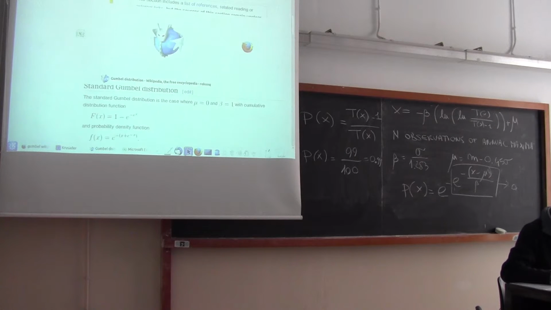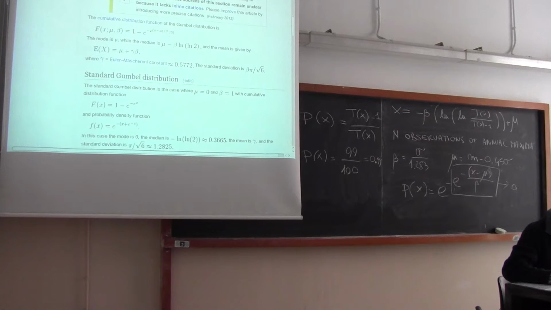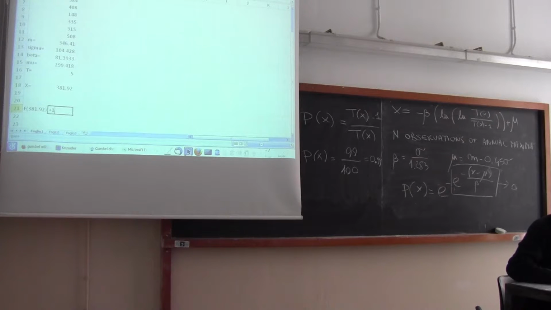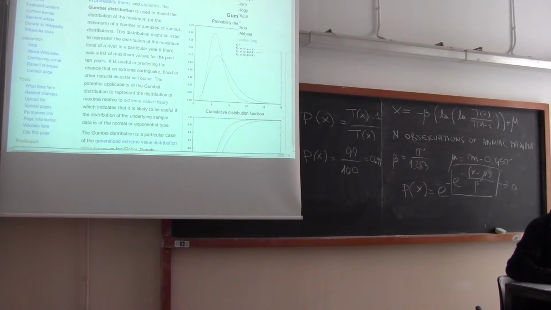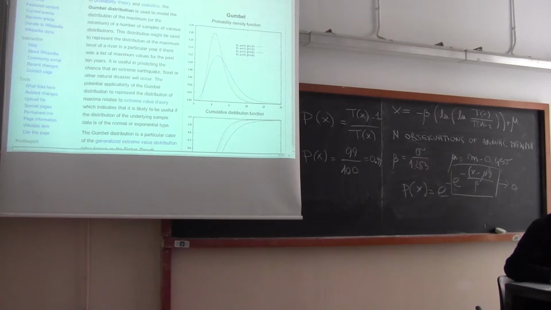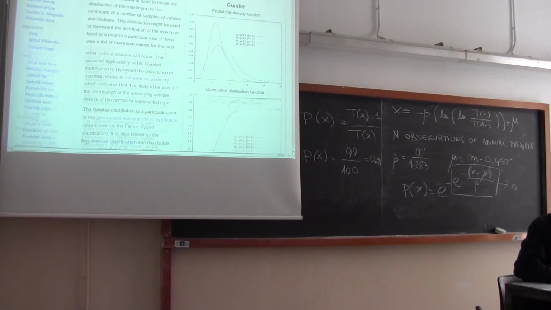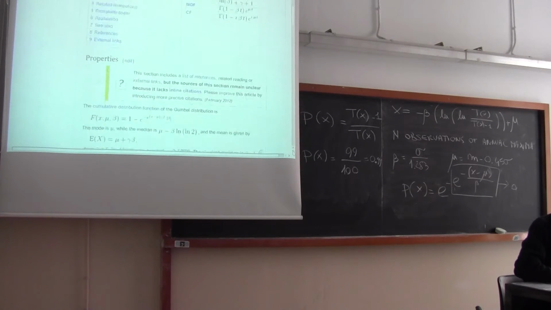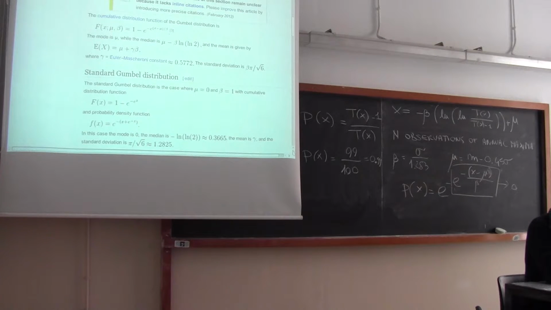Let me read again because I don't remember. It is equal to 1 minus exp of minus exp of, sorry, I need to jump back and forth. So it's x minus mu divided by beta.